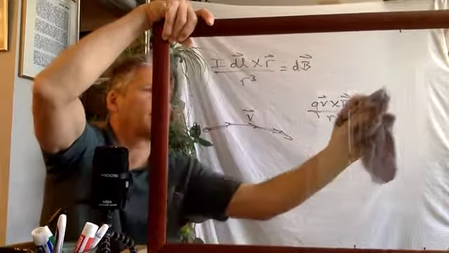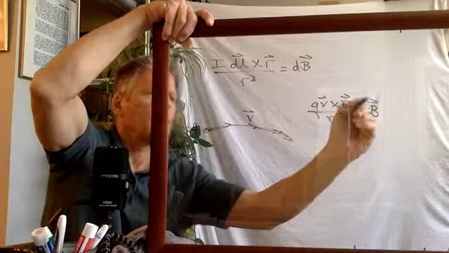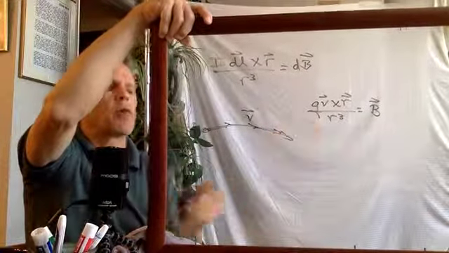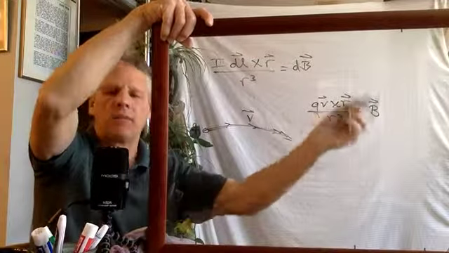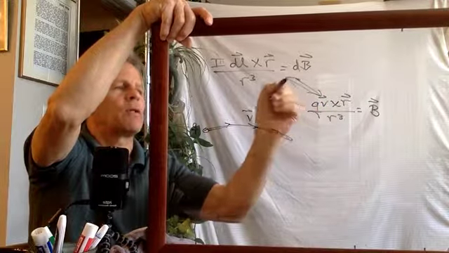I'll go ahead and call this B. But what happens if we have more than one cube? We would just add them together. So this and this are equivalent forms.